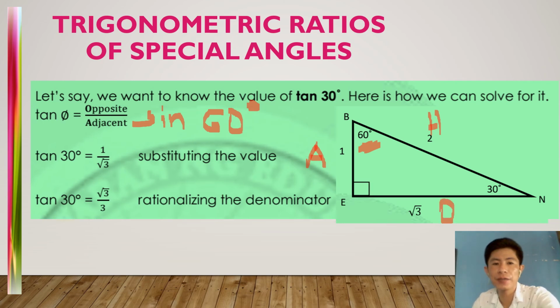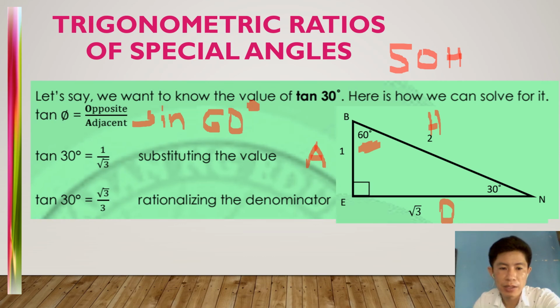Okay, so balikan natin yung formula natin for sine. Sine theta natin is so, di ba? Naalala nyo? Sine is equal to opposite over hypotenuse. So, to solve for sine 60 degrees, okay, that is equal to, opposite nyan ay the square root of 3.